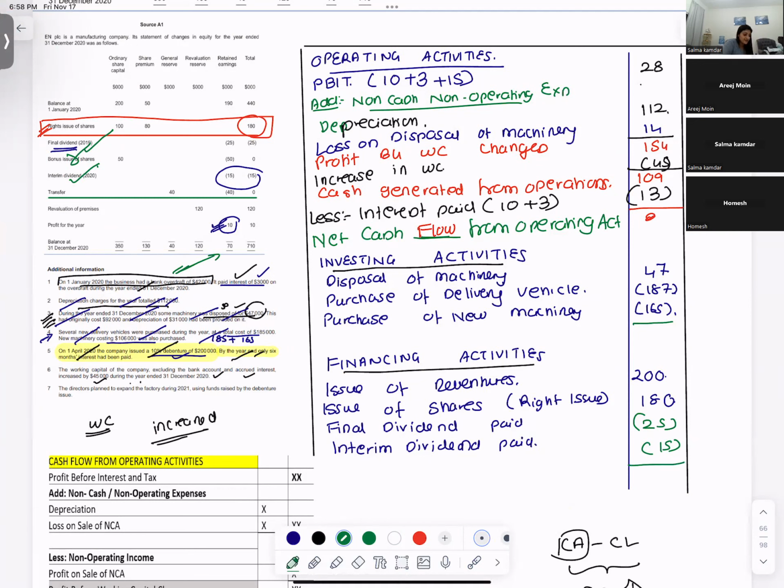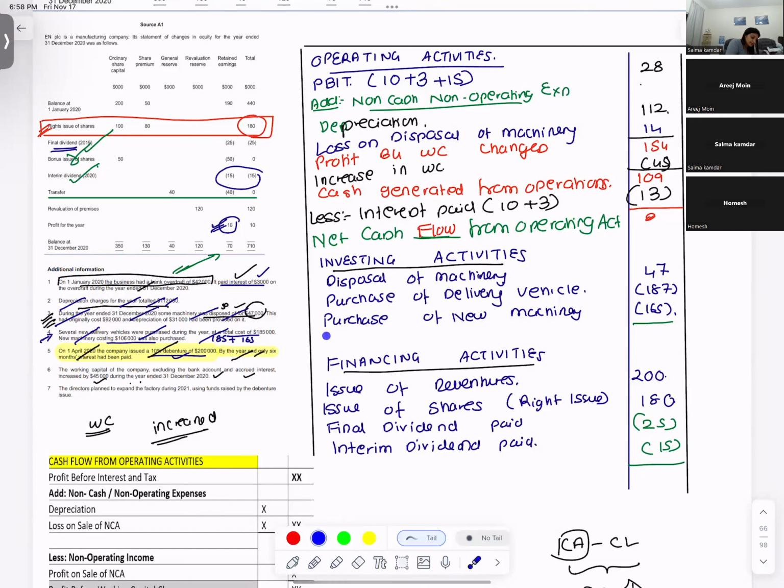Investing activity, what is it? Is it positive or negative? Wait, hold on, my bad, I read the 96. It's negative. So what will I write?